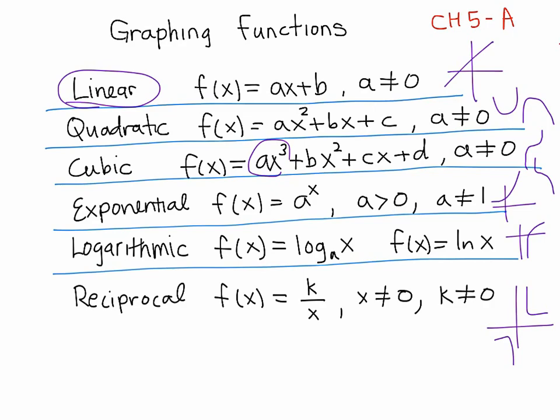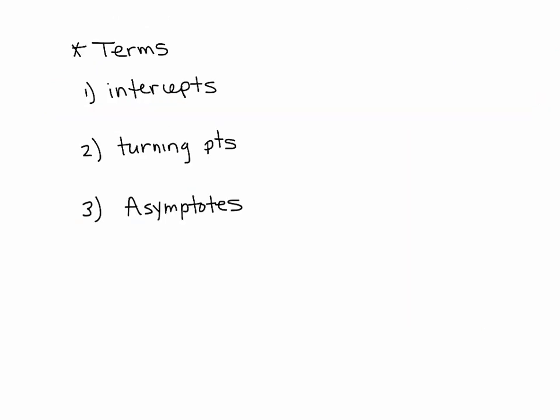All right. We need to look at a couple terms in here. When we say intercepts, has an S in it, so it means x-intercept and y-intercept. So we're talking about both. Turning points means local minimum or local maximum.